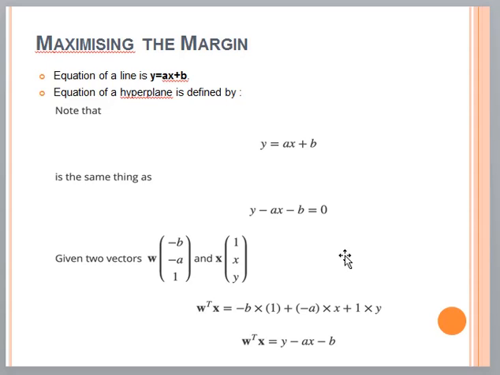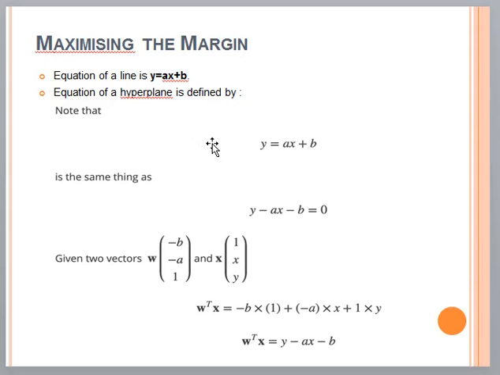Let's remember a few more bits from our previous knowledge. We know that we can represent the equation of a line as y equals ax plus b, right? We have used this equation many times. Now if I want to define the equation of a hyperplane, we can define it like this.